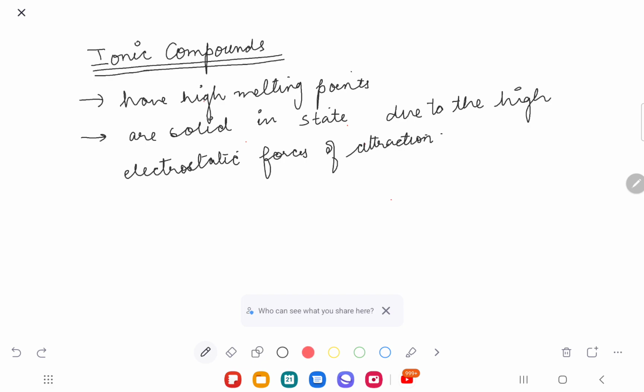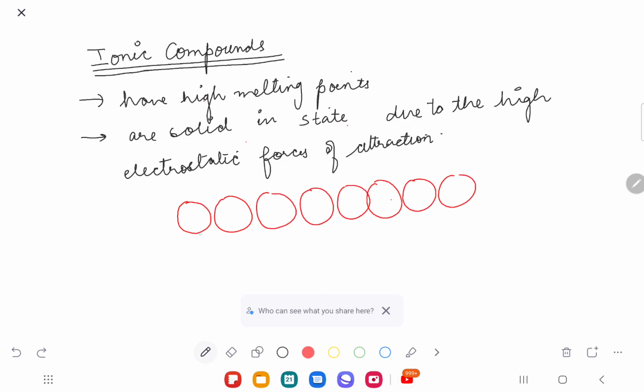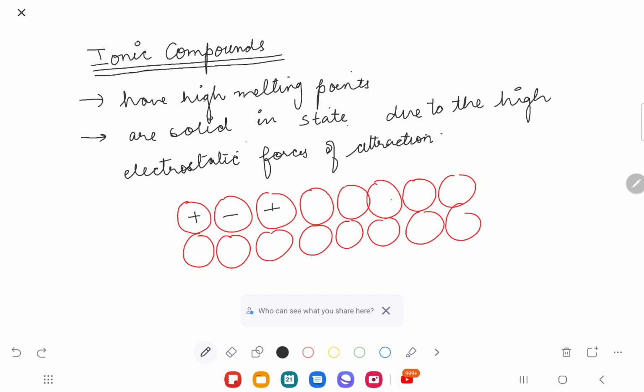I suppose you understand that we drew the diagram something like this. That one would be cation, another would be anion. Cation, anion, cation, anion. The structure of an ionic compound would be something like this. So this is positive, this is negative, this is positive, this is negative, and so on.